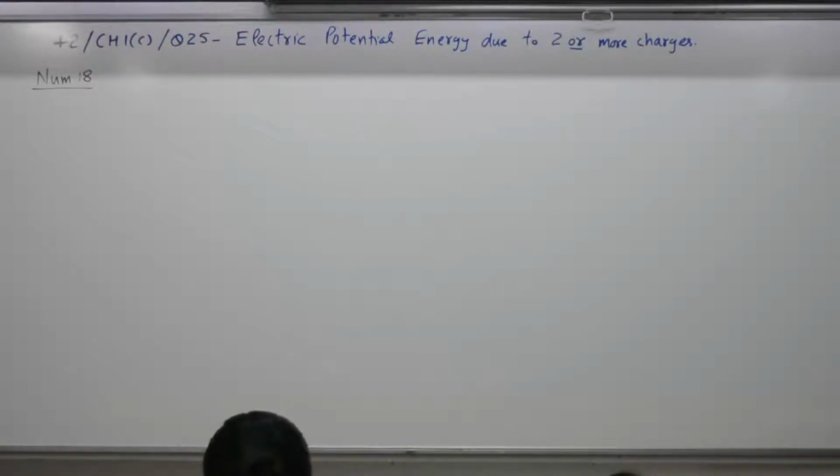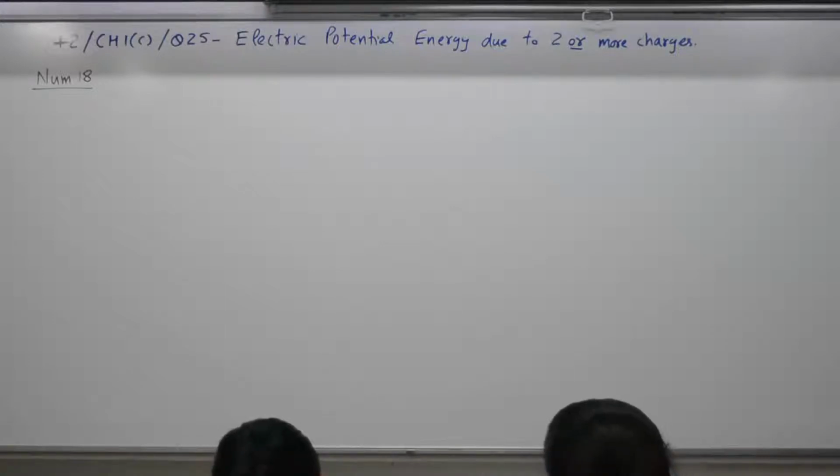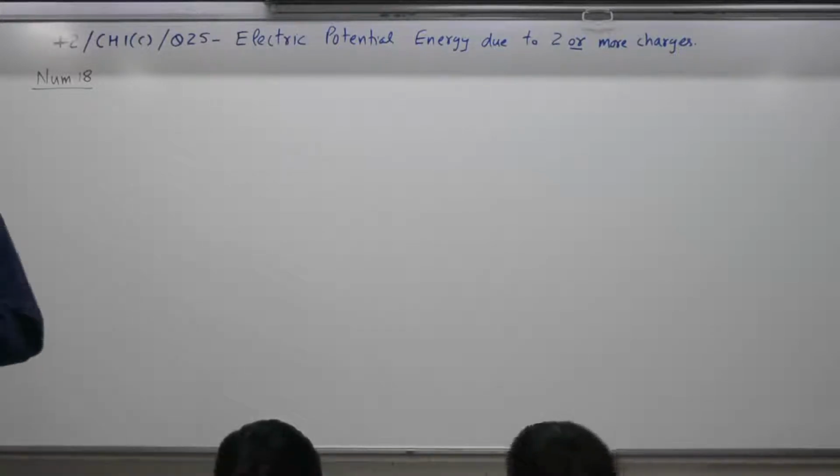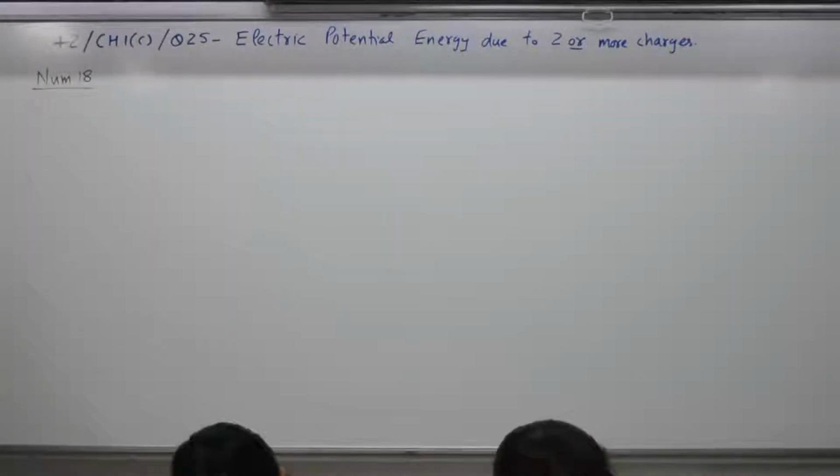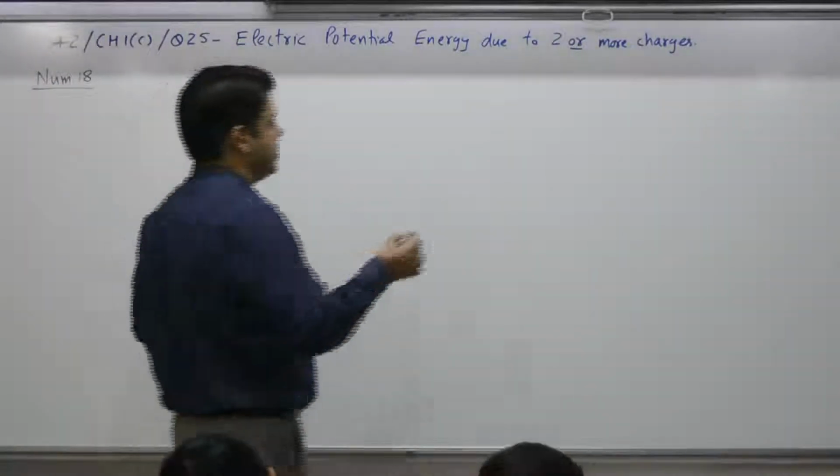Find the work done to move these charges to the corners of a similar equilateral triangle of side 50 centimeter. Draw the diagram. Initial and final diagram. Initial status.